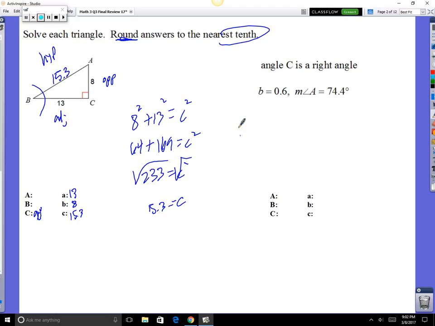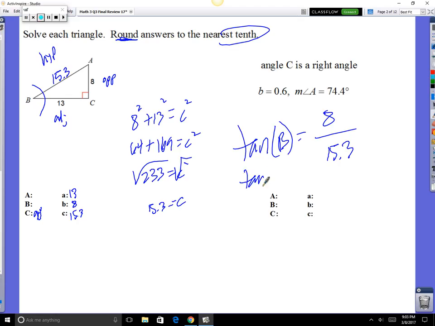So I'll use tangent. If I use tangent from that angle, so from angle B, the fraction for tangent is opposite over adjacent. And I know the fraction, I just don't know the angle. So I've got to undo the trig. I've got to inverse tangent.